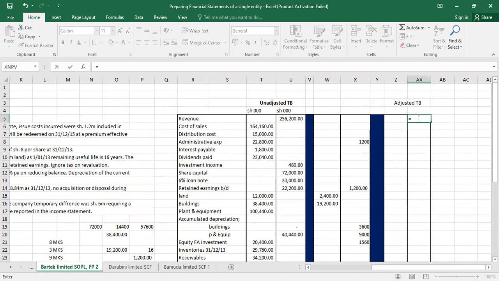So equal, so what is, because I'm starting with revenue here, you see revenue is on credit, so I'll come on the credit side. Credit.